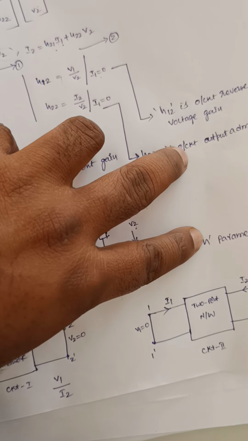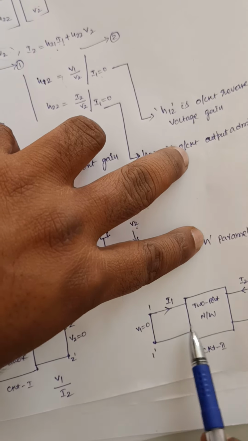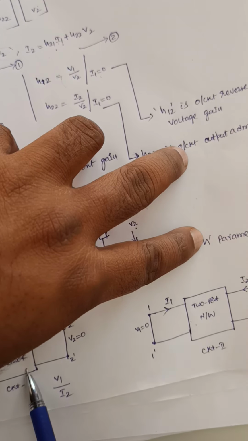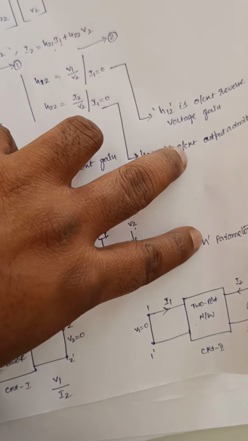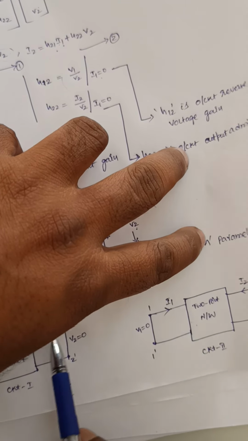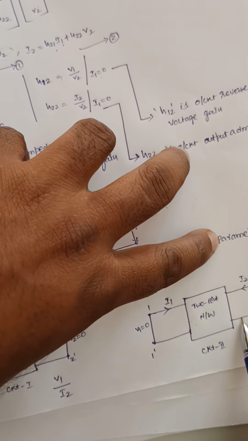If I interchange this excitation and response, this is the circuit here. The difference between these two circuits is, here the excitation is here, response is here. If I interchange this excitation and response, this is the circuit.